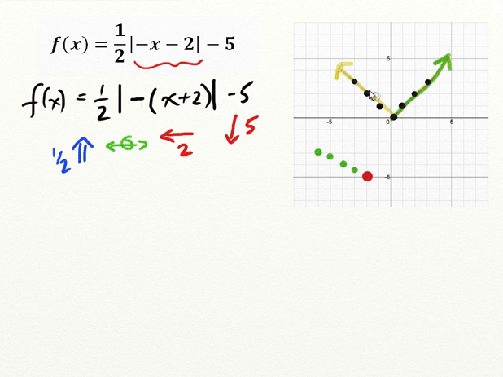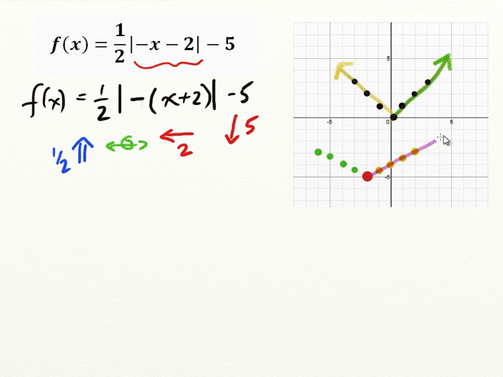Well, this yellow arm, normally I would get there by going to the left one and up one, but now because of the horizontal mirroring, instead of going left, I'm going to go right. So I go to the right one. The vertical compression only allows me to go up a half, over, up a half, over, up a half, over, up a half.